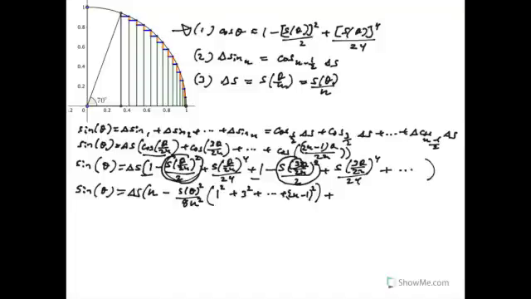And finally, these guys, the ones with the pluses, I could factor out an s of theta to the 4th power. Let's just look at this first one. Over, this 2 gets to the 4th power also, so 16 n to the 4th, and then times 24.